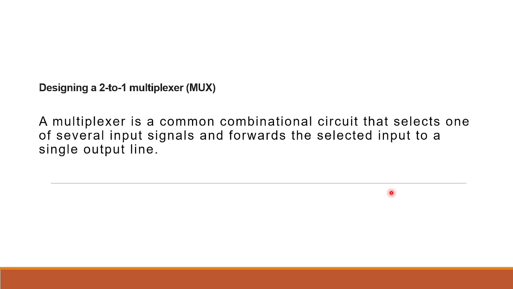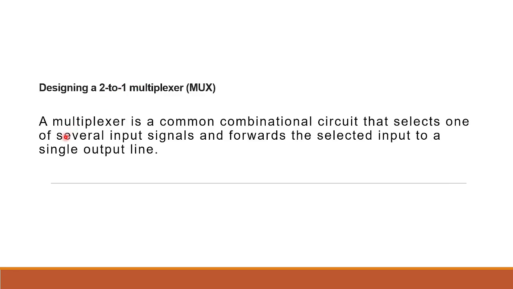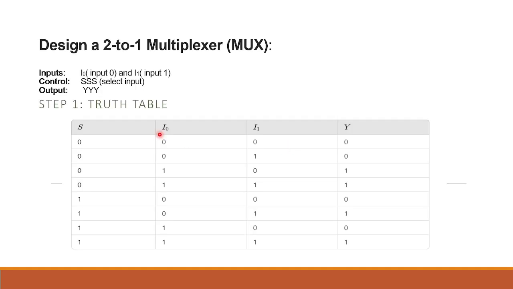Let's discuss it here. The inputs are I0 and I1. The control S is the select input, which I have already mentioned in the definition. We select one of several input signals and forward the selected input to the single output, here output Y. Here is a truth table: S, I0, I1, and then output.